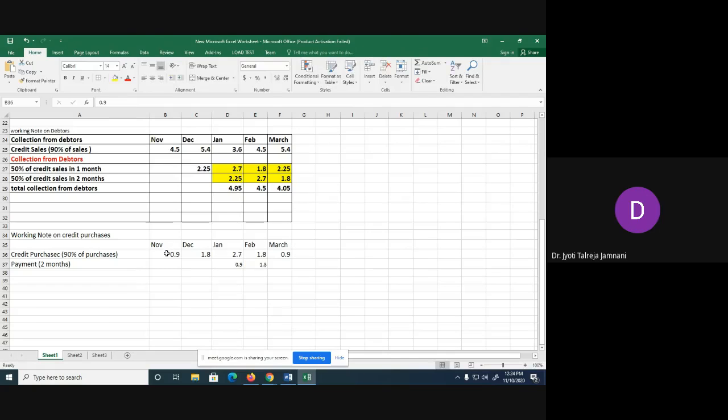So November whatever I have purchased, I'll leave November, December, and I'll pay it in Jan. December whatever I have purchased, I'll leave December, January, and pay it in Feb. And Jan whatever I have purchased, I will pay it in March. So this is how the payment will actually work.